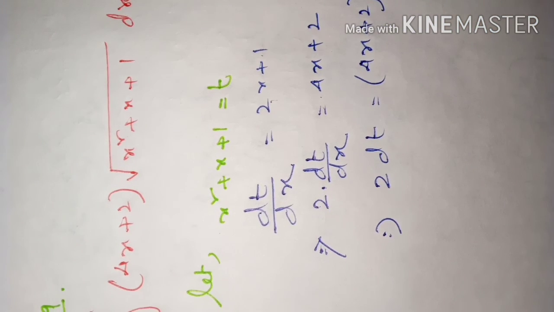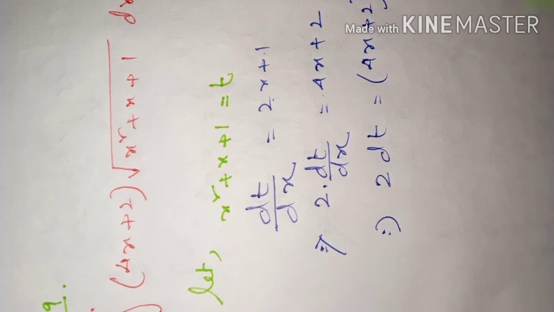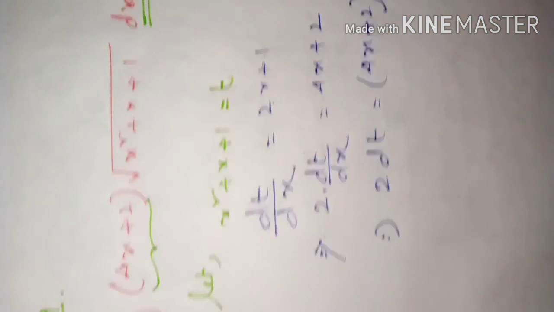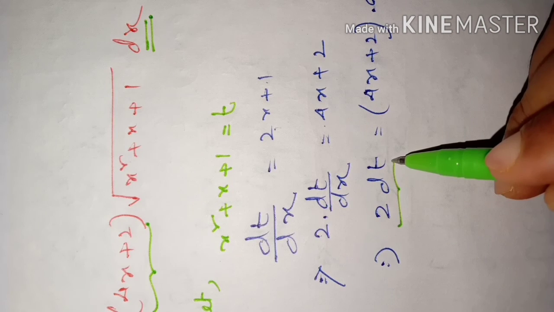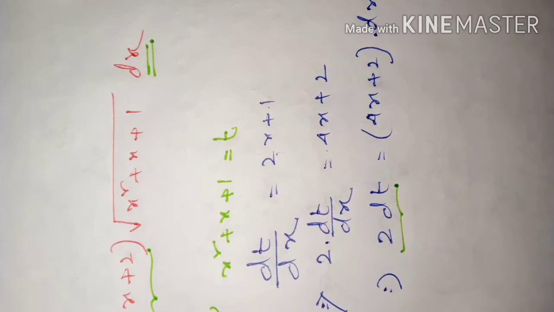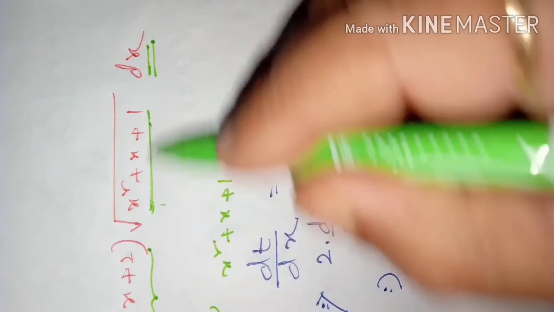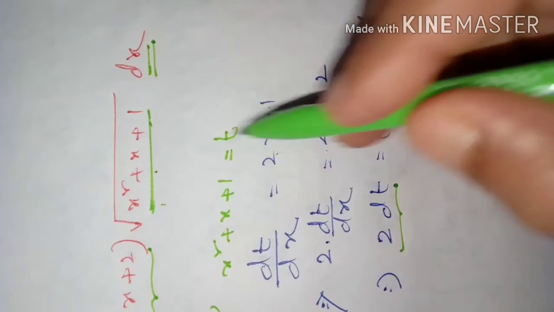That means 4x plus 2 into dx can be replaced by 2 into dt, and the square root of x square plus x plus 1 is root t.